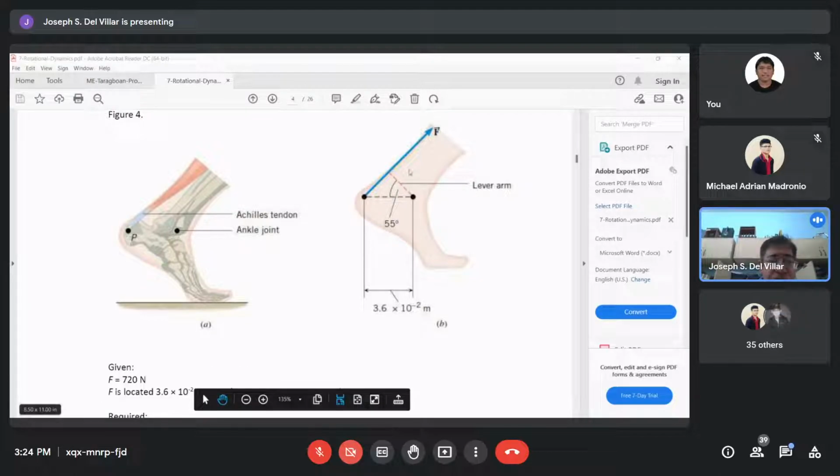Will you try to compute that? 720 cosine 55 times 3.6 times 10 to the negative 2.